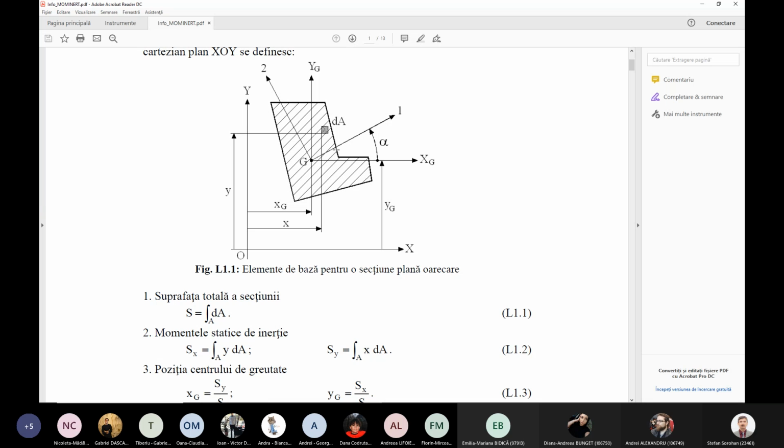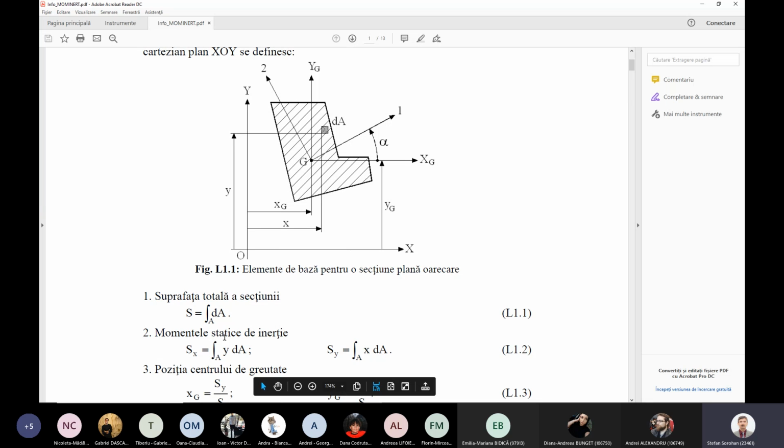section, like that. We will take a global system of coordinates x, o, y, and according to the theory, the total area or the surface of this cross section is the integral of the elementary dA. So this is the sum of this area.